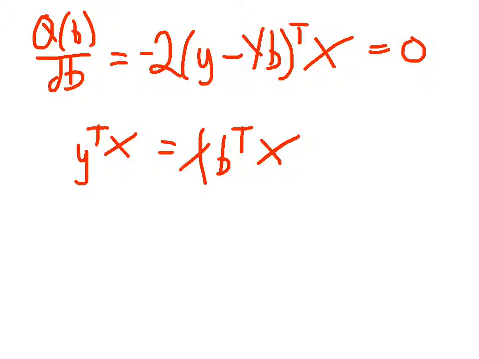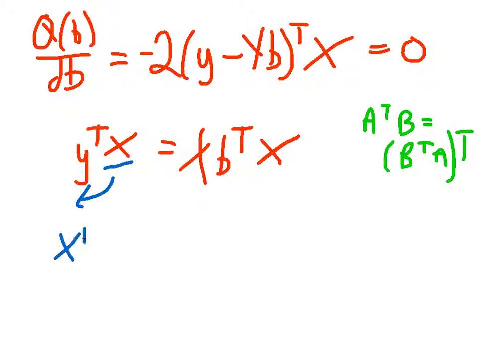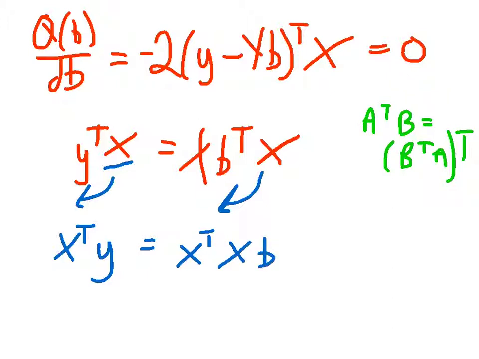Now for some reason this isn't the way round I want it, so we go back to using that little fact we set out earlier, A transpose B being equal to B transpose A all transposed, but this time there's no scalar tricks that are going to come out. We're basically going to say here, let's take x to be A, so I have x transpose y, and I'm not going to transpose it again because I'm just going to transpose both sides, and I'm going to take x transpose xb.